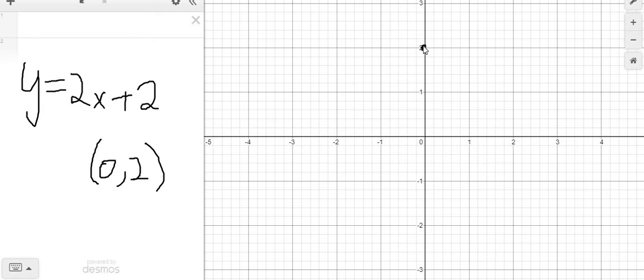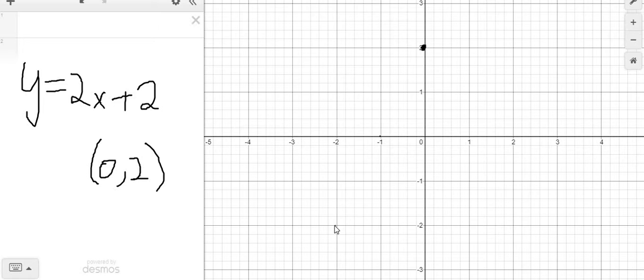We go 1, 2, and then we have to go 1 over, because this 2 is really 2 over 1. When we have to change a whole number into a fraction, we just add a 1 under it. So we would do 2 up, 1 over. Another point would go right there. 2 up, 1 over, another point.